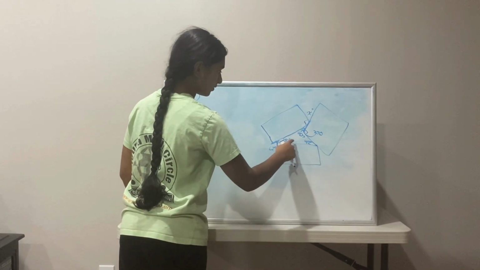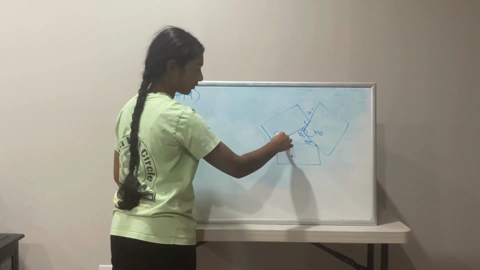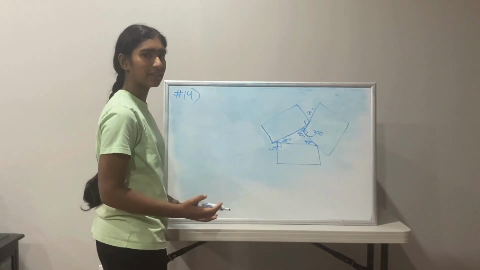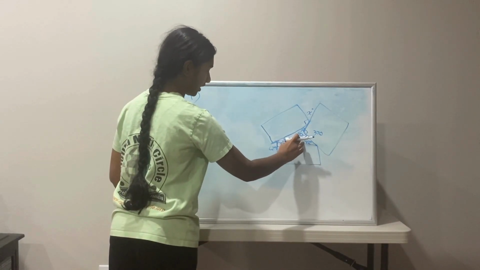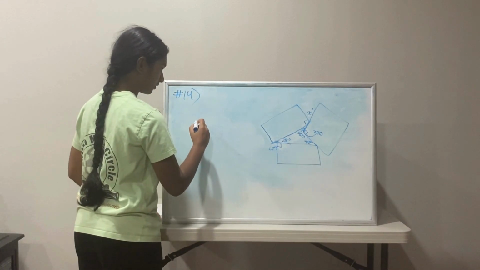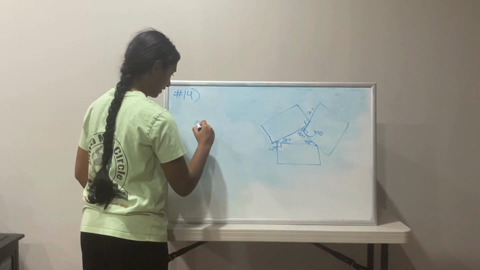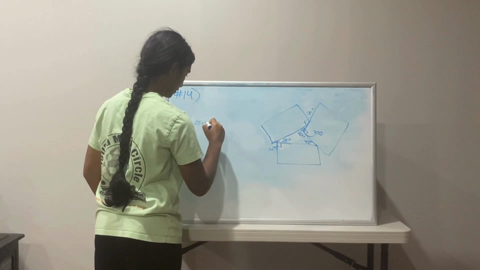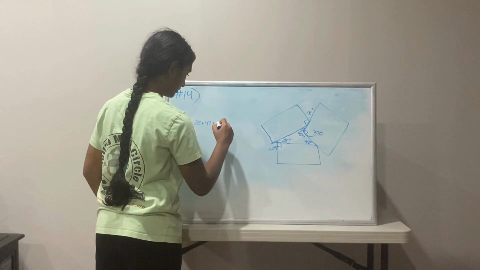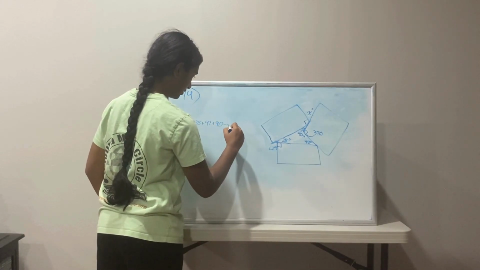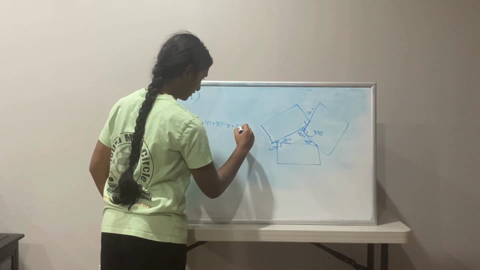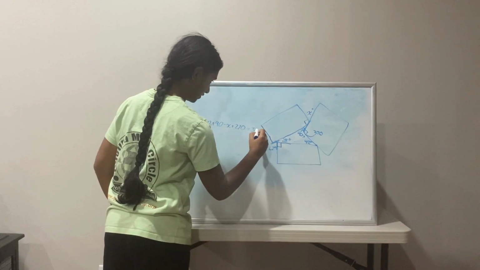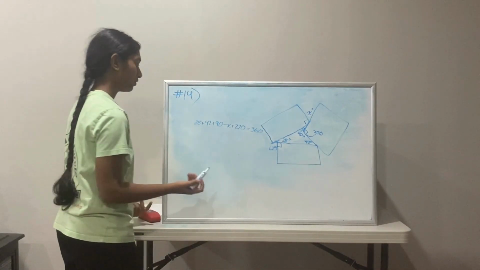So now that we know that this is a quadrilateral and we have somewhat of an idea of the angle measures inside, we can create an equation. So 28 plus 42 plus 90 minus x plus 270 equals 360, because it's a quadrilateral.